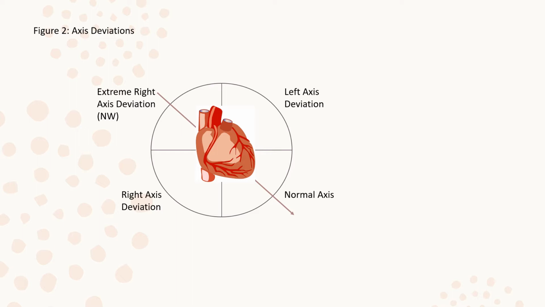Now, we could also label this according to a compass, right? So just to make it easier as I'm describing this to you, this would be northwest, this would be northeast, this would be southeast, and this would be southwest. Okay, so that's what the NW means right here, northwest.